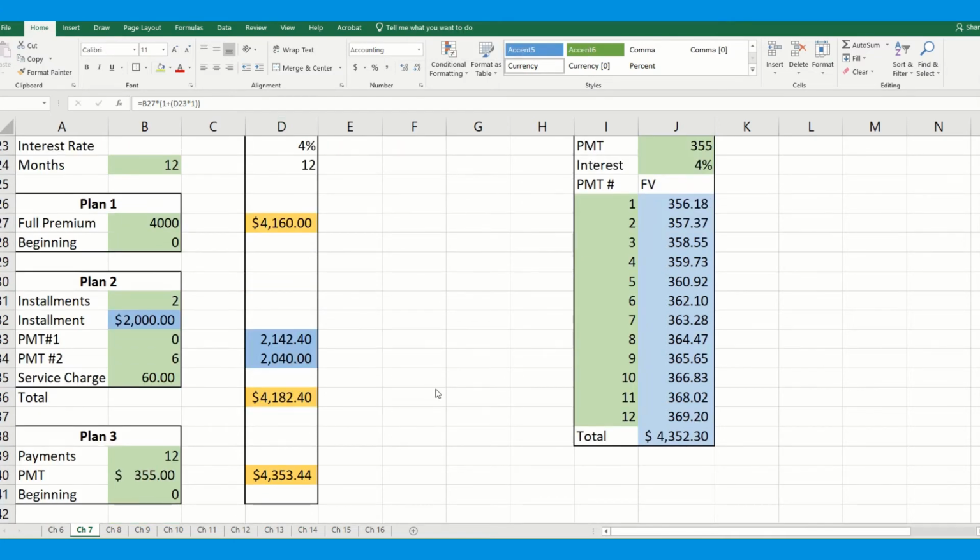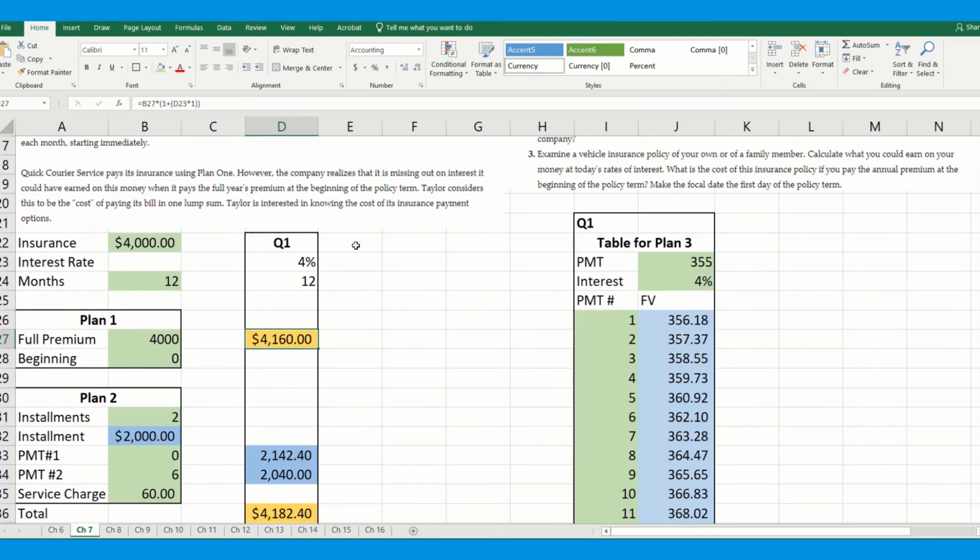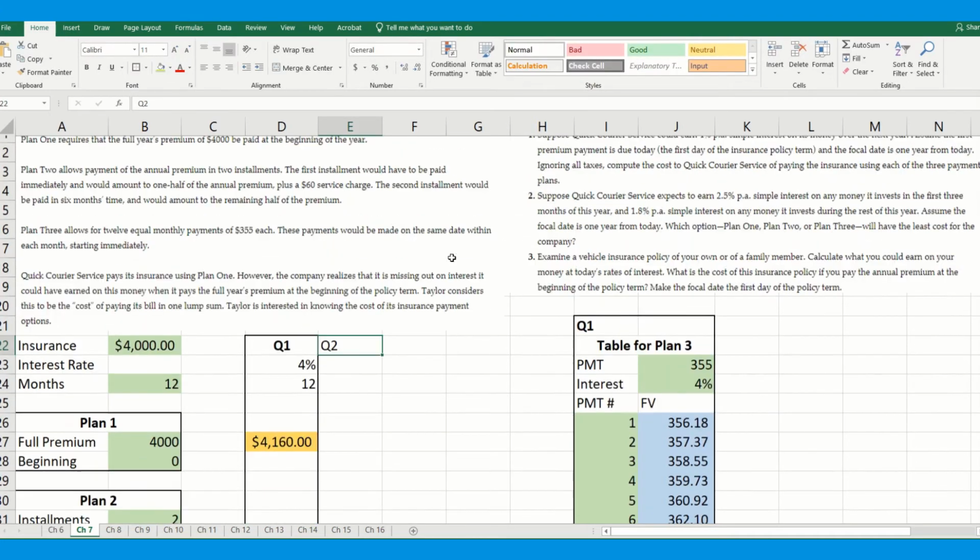Okay, so let's start on question 2. So I will put question 2 right here. And then we will figure out what all the information is that we need for question 2. And let's look here.